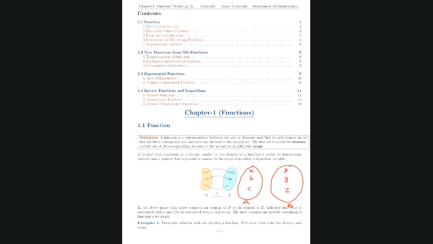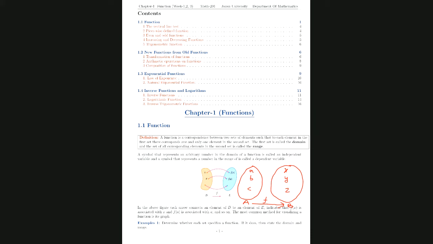What is the number one condition? If you define function f from A to B like this, condition number one: every input must connect.